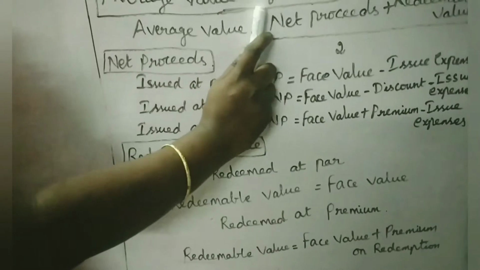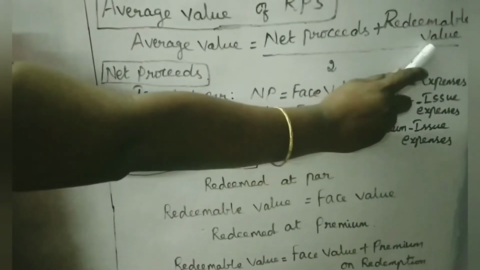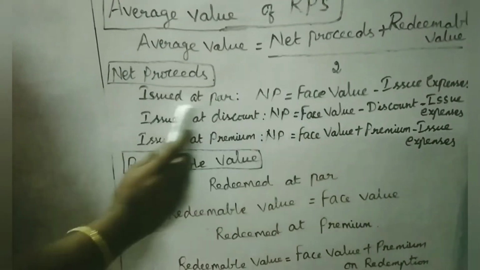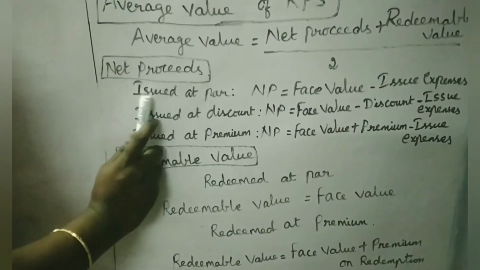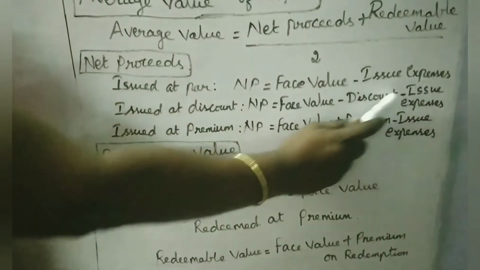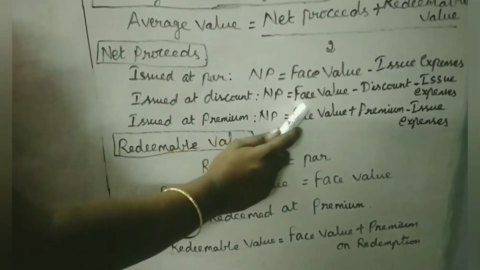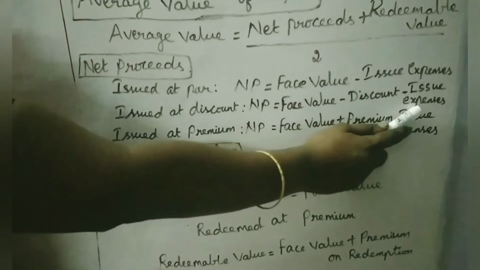Average value of redeemable preference shares is equal to net proceeds plus redeemable value divided by 2. Net proceeds, if the issue is at par, is equal to face value minus issue expenses. If the issue is at discount, face value minus discount minus issue expenses.